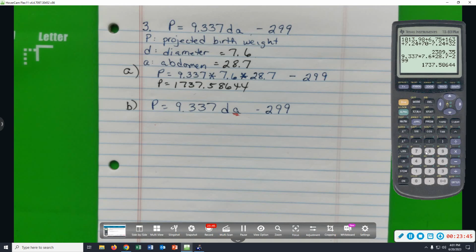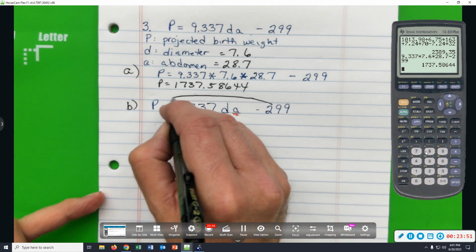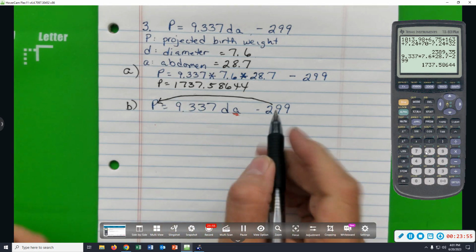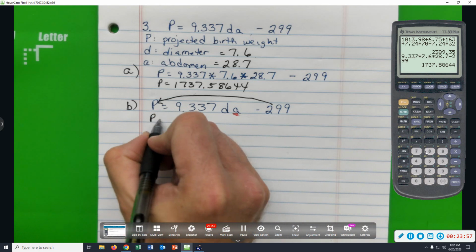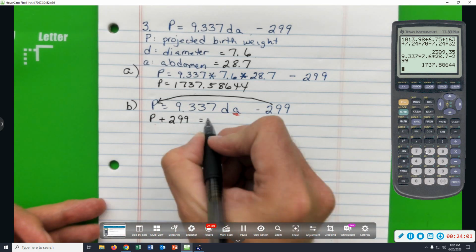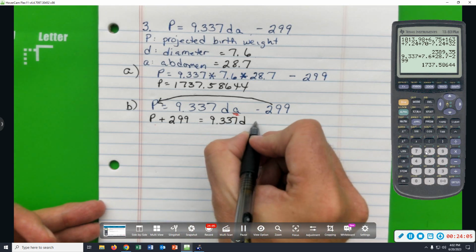Yep, solve for A. Well, we'll start off by moving the 299 over here, moving the term that doesn't have an A in it. So we have P plus 299 equals 9.337 dA.